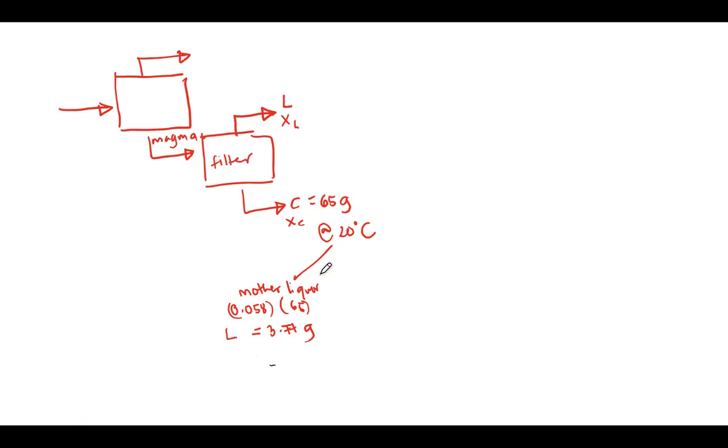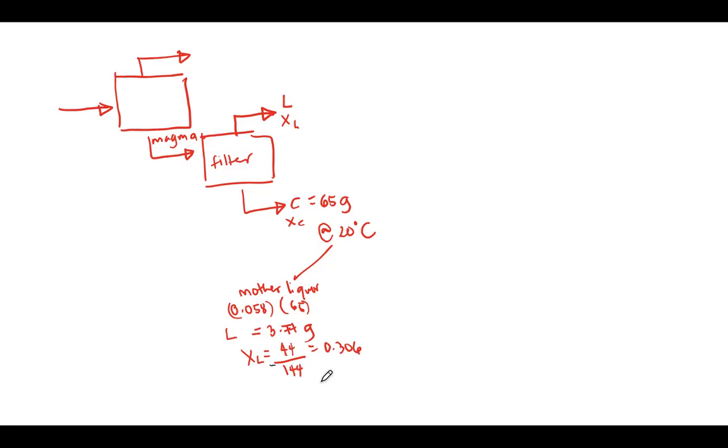Next is XL. What we got is 44, so 44 divided by 100 plus 44, 144. So our XL is 0.306.